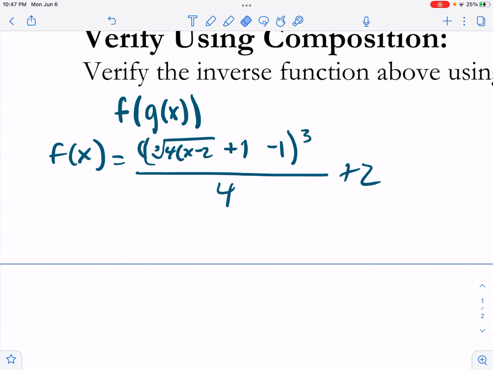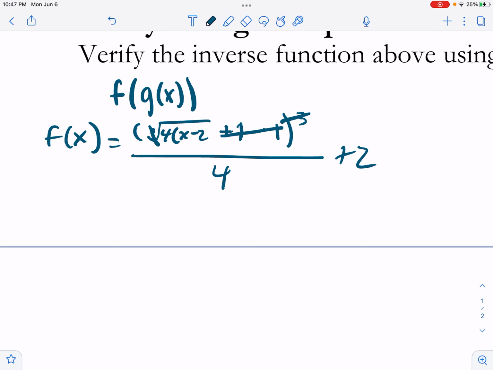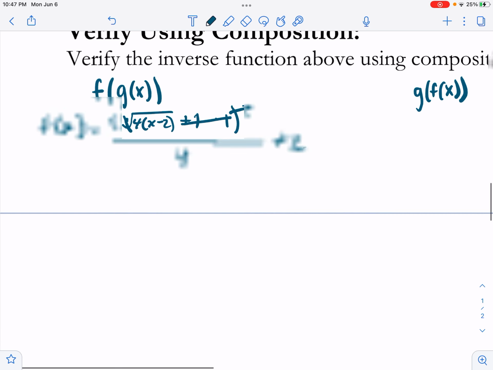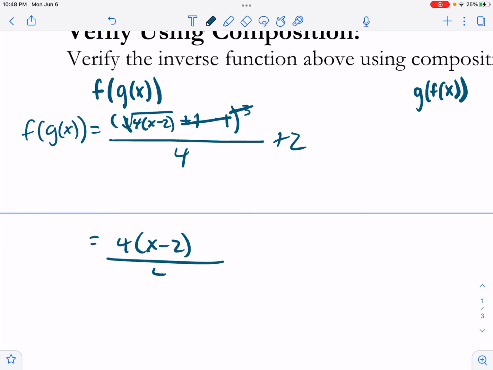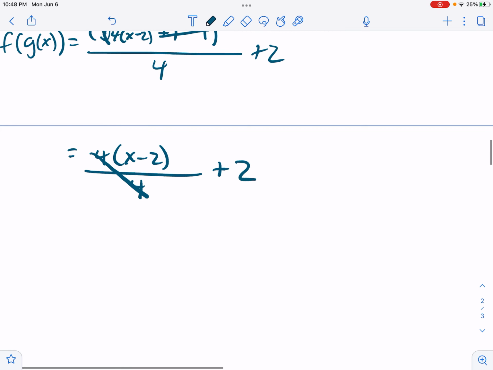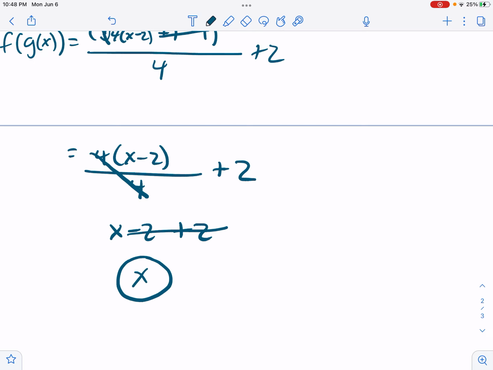Since it's not really multiplying anything, we don't need these parentheses, and these two will cross out, and this can cross out. So your next step would be, this wouldn't be f of x, this would be 4 times x minus 2 over 4, plus 2. These two would cancel out, so then it would be x minus 2 plus 2. You can get rid of these parentheses. That means these two would cross out, so x would be your answer.